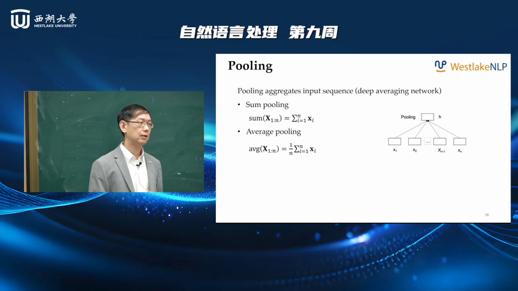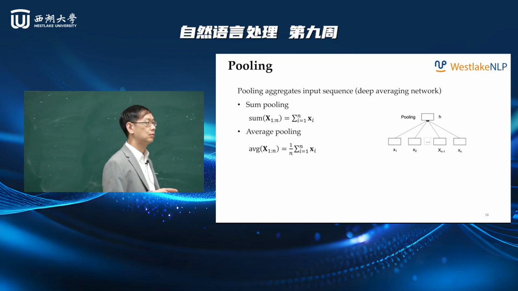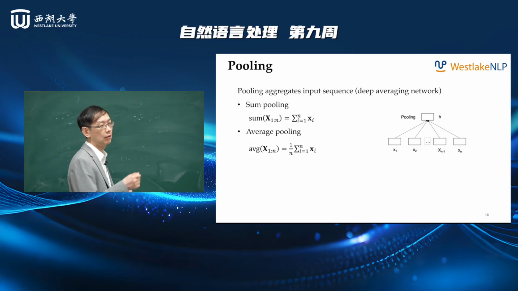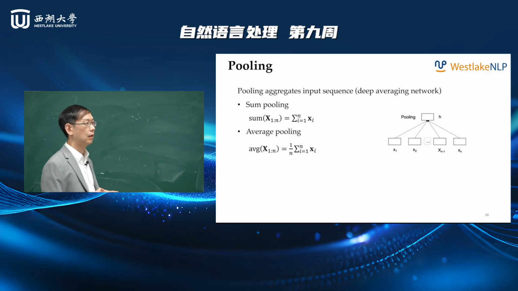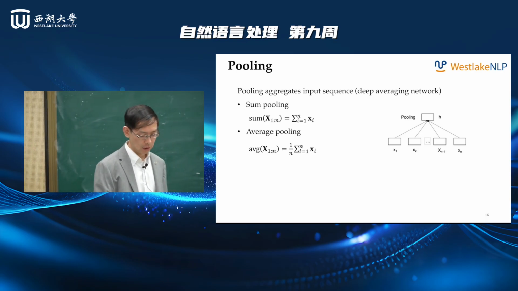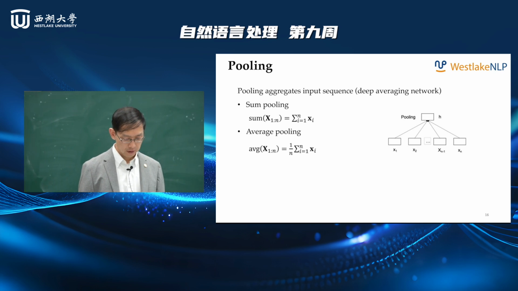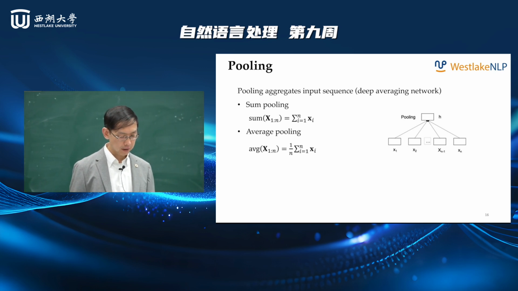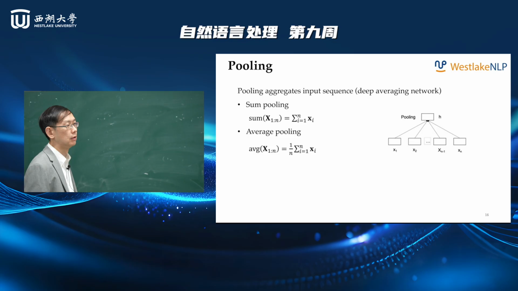Not necessarily, because sometimes some elements might have negative values, right? But suppose that they are more positive than negative, then the longer the sequence, the larger the value. So you can fix this by taking the average of all the inputs. So that's called average pooling.